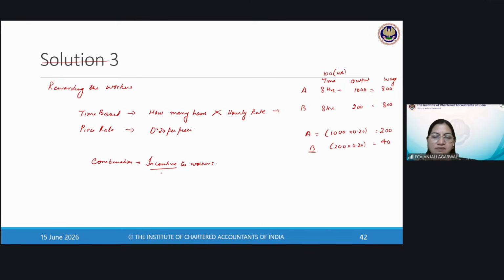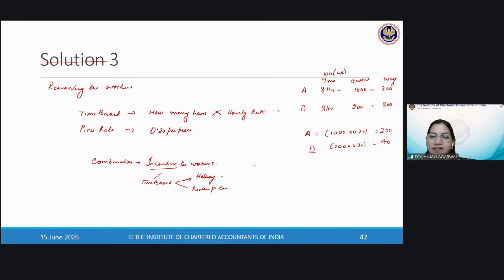Some incentives are based on time-based, some incentives are calculated basis piece rate. So for time-based incentive, two major theories or the people that have come up with time-based incentives are, one is the Halsey plan and the second is the Rowan plan.